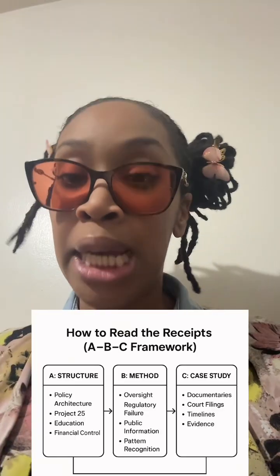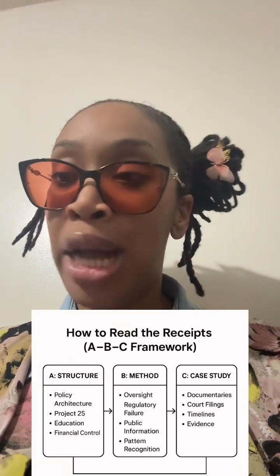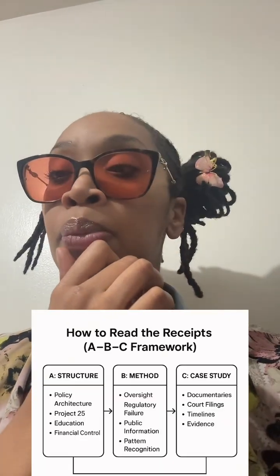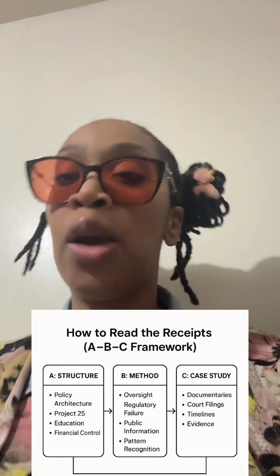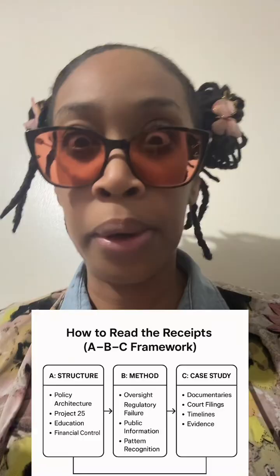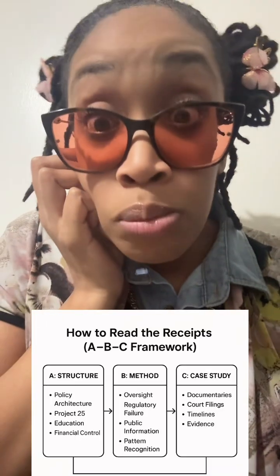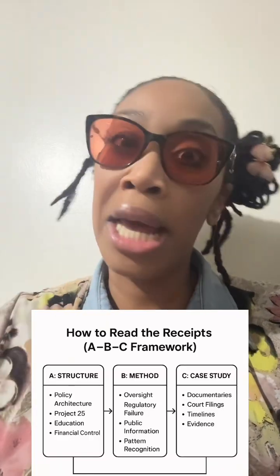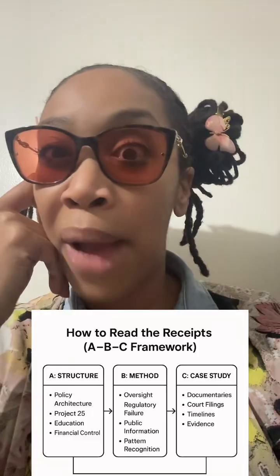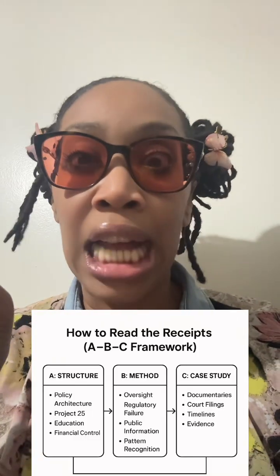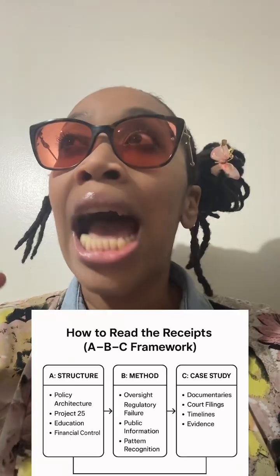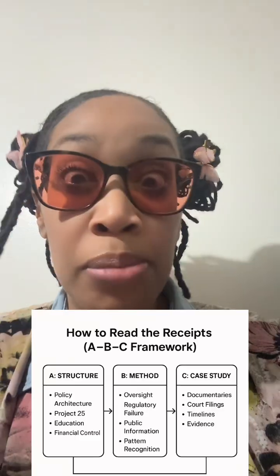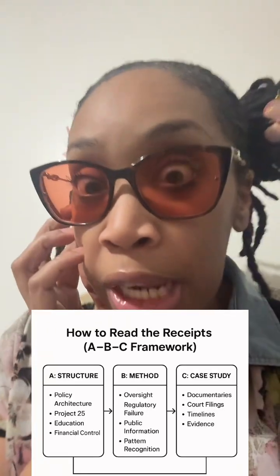So Section C answers the question, what does this look like when it happens to real people? When it pops up at your front door, not just when it's someone else far away, not when it's just ideologies and this almost mythical, hypothetical situation.